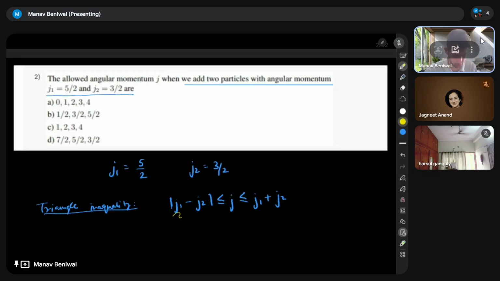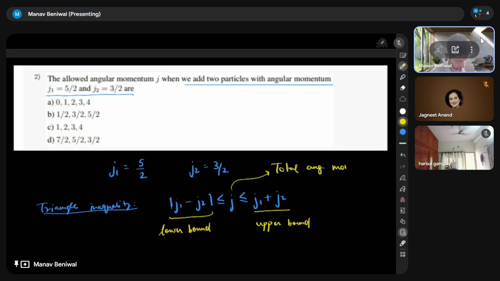This is the lower bound and this is the upper bound. So this J is the total angular momentum, and it is bound between these two values, mod J1 minus J2 and J1 plus J2.